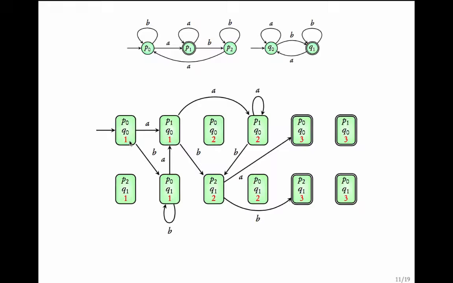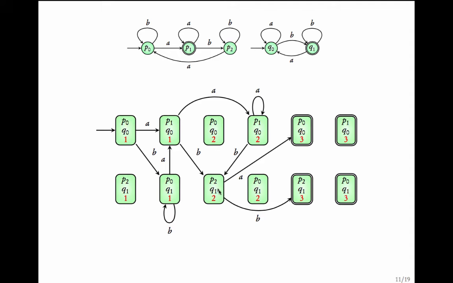If you see, look at a path like this. This would tell you that if you have come to 3, you have seen an accepting state of 1 and an accepting state of automaton 2. Look at this path, A, B, A. So this path is mimicking the runs of both the automata.